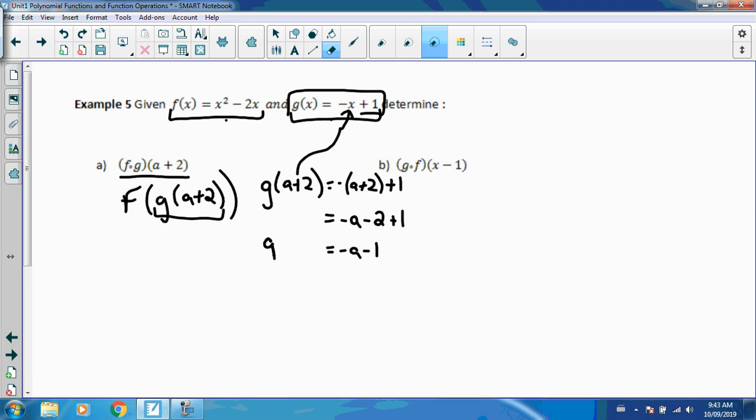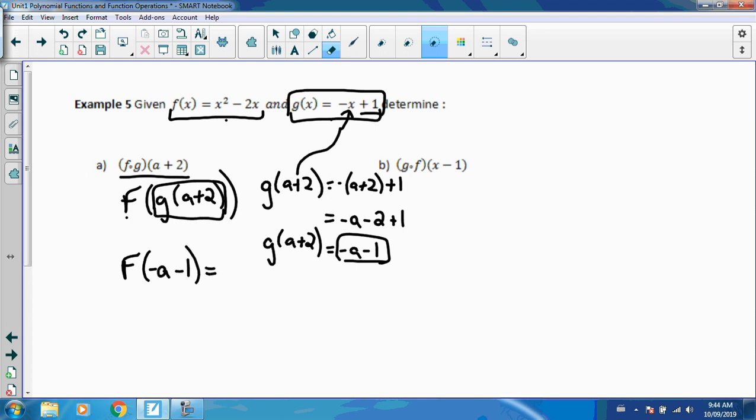So that's the g of a plus 2. And now I'm going to put this into f, because we figured out that this inside bit was negative a minus 1. So I'm really looking for the f of negative a minus 1.